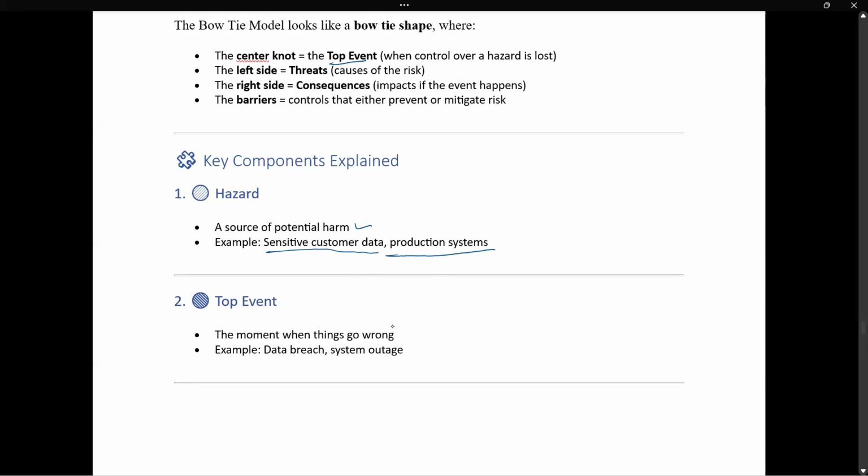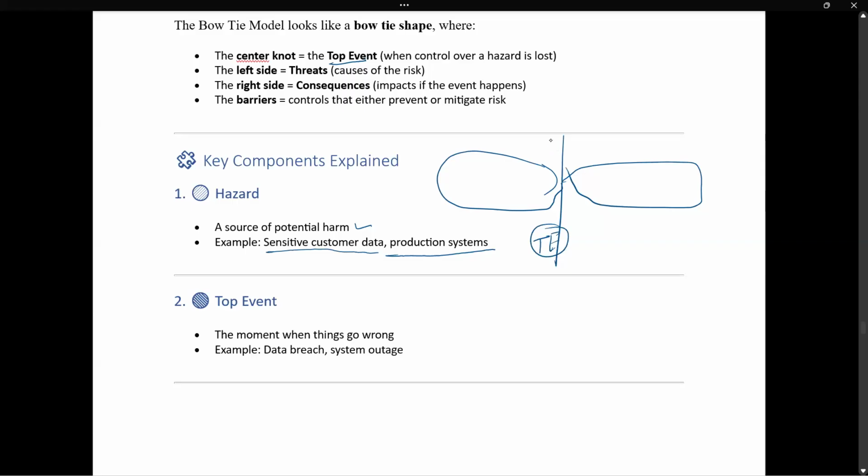Top event, if you remember, was here. Top event means the moment when things go wrong.